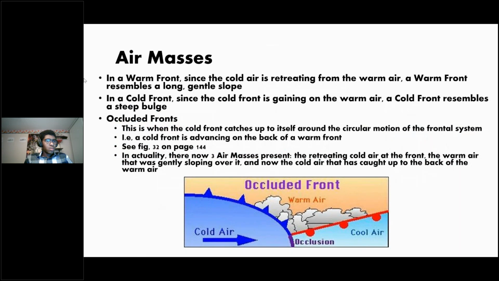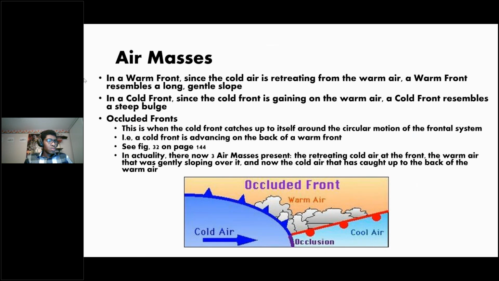So look at what's happening in this picture here. In the bottom right you have cool air, so it's part of the cold air mass, right? If you imagine this frontal system moving in a circle, it's basically the back of what's on the left here, this cold air that's advancing. So this cold front has gone all the way around this frontal system and has caught up to the warm air that's advancing on the back of it, right?